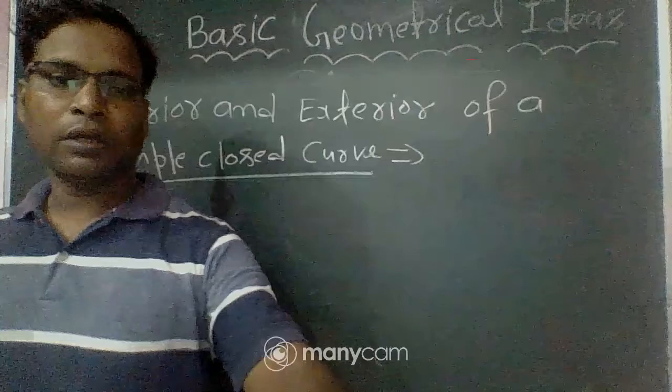So this closed curve divides the region of the plane into three parts. The first part is the interior. If you take any point A, it lies in the interior of the curve. Point B lies in the exterior of the curve.